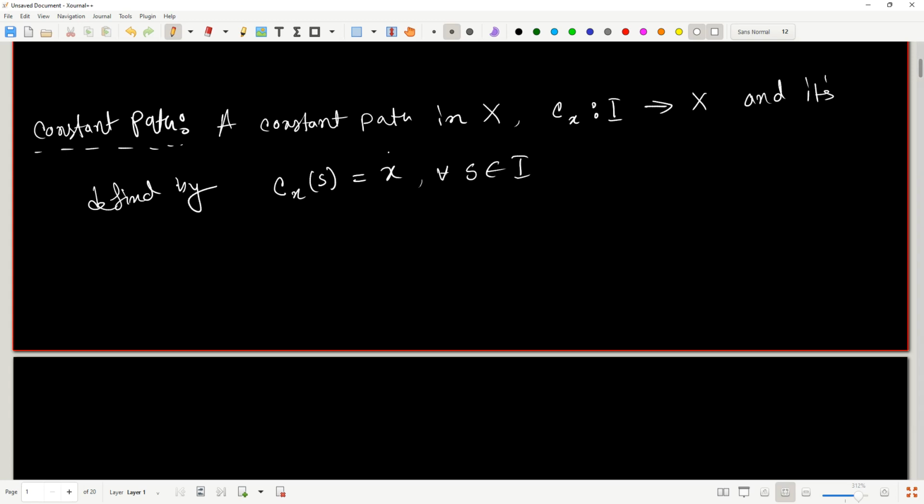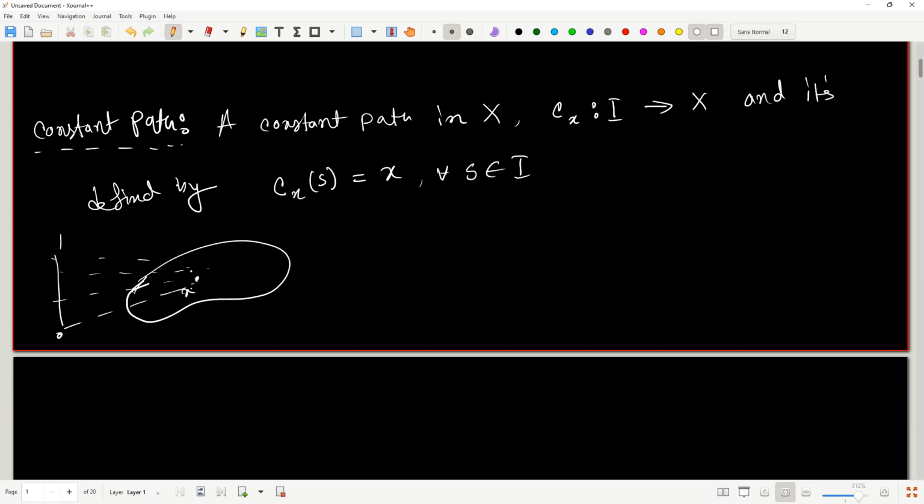Okay, so you can think of this constant path as just a point, and even this constant path is also called a constant loop, because think of it like this. This is your topological space and this is just a point, right? So from your interval, all the points are getting mapped. Any point you take, it really doesn't matter.